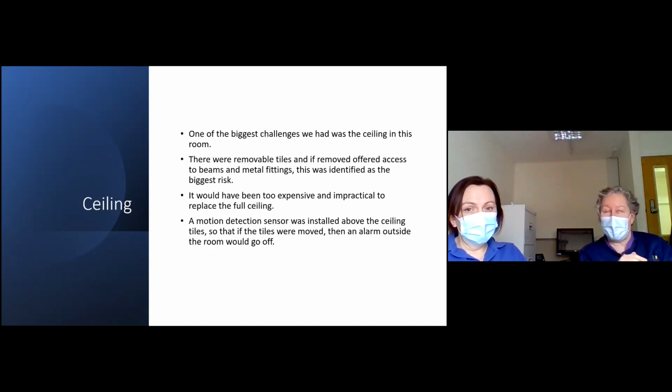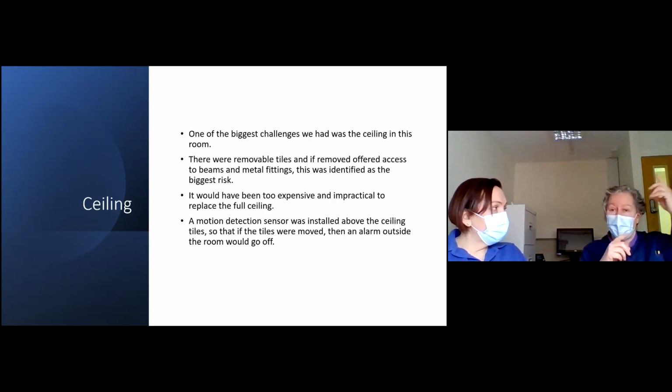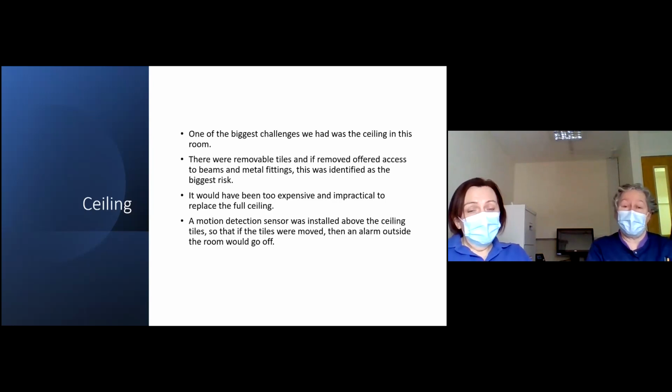If that was moved, it would set off the alarm, which was based outside the room. We do have the ability to disarm the alarm if essential works need to be done in the ceiling. But that was the one thing that hadn't even occurred to me.